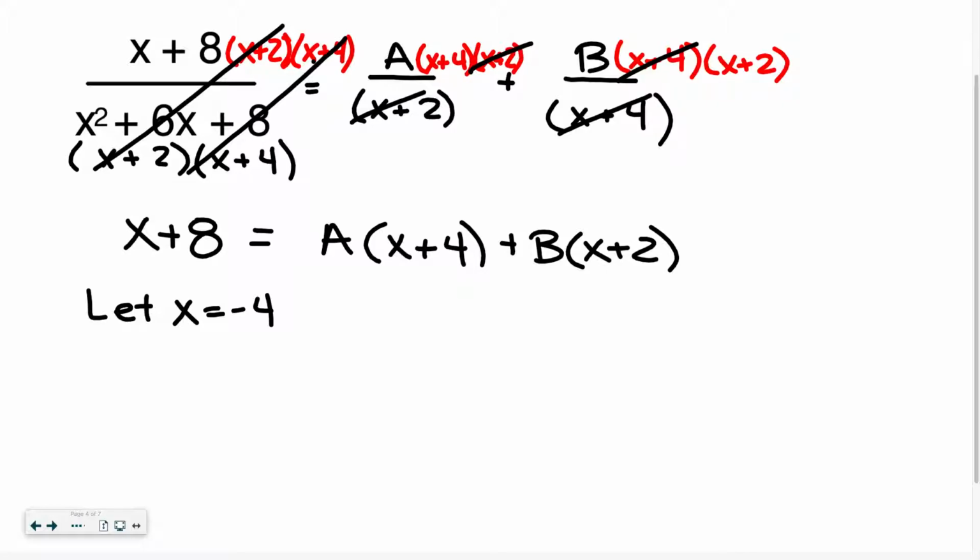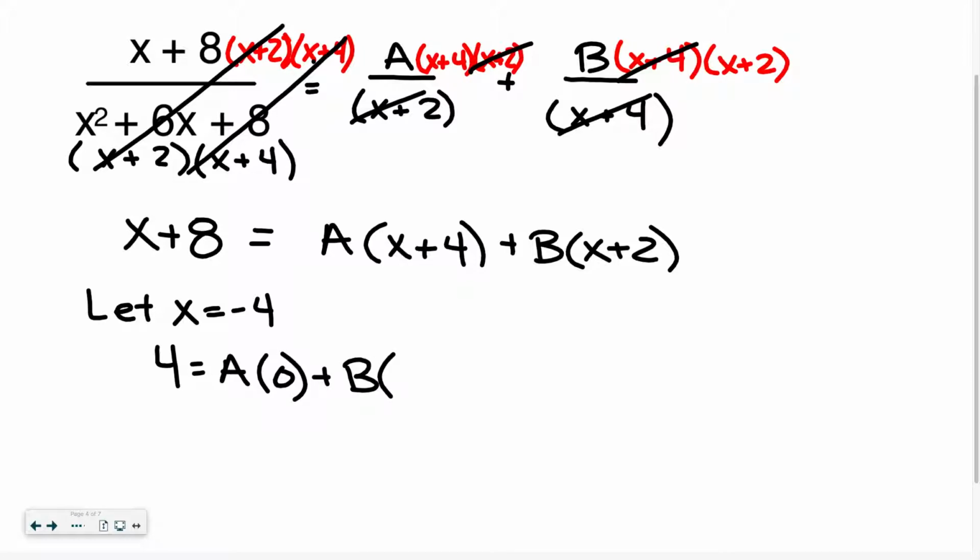Let's let x equal negative 4. Then everywhere I see x, I have to plug in negative 4. So on the left side, negative 4 plus 8, 4. On the right side, I have a, and negative 4 plus 4 is 0.